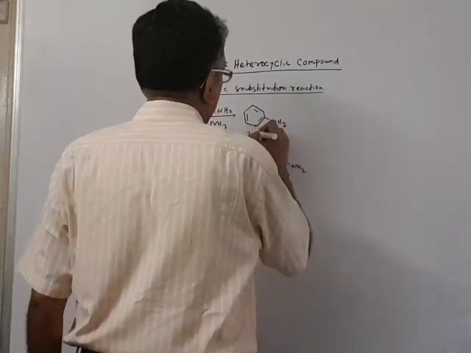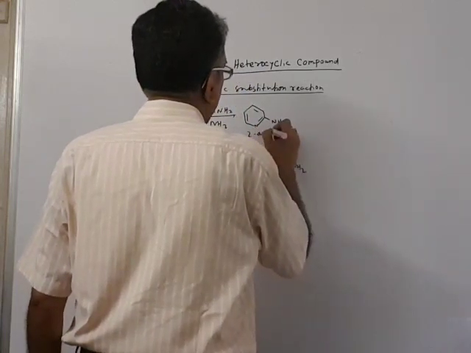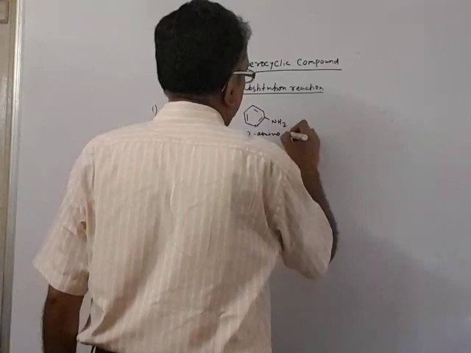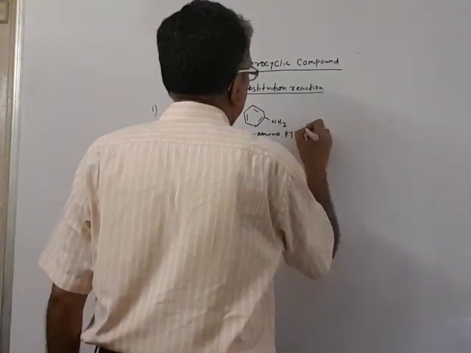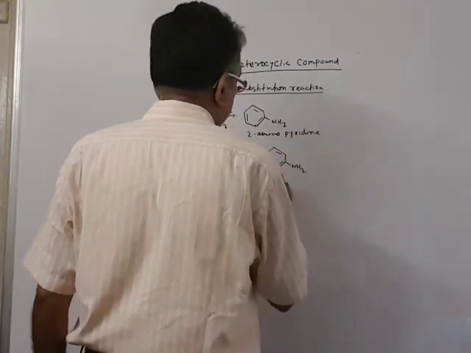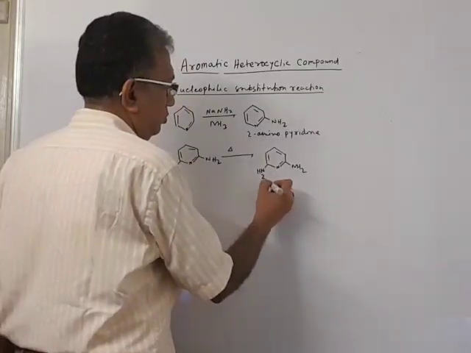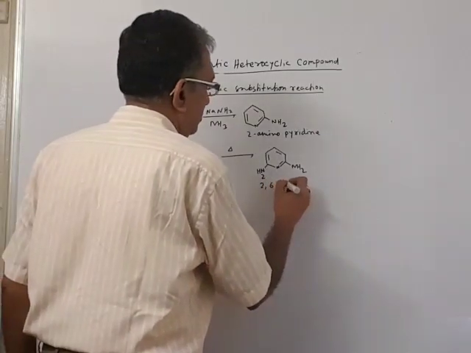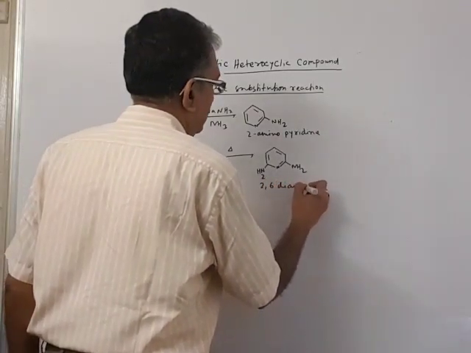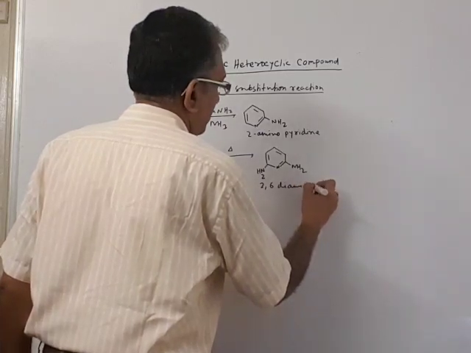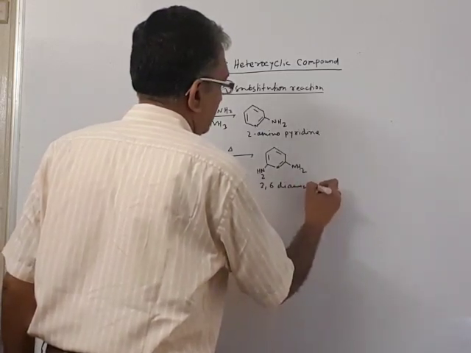This is 2-amino pyridine, and this is 2,6-diamino pyridine.